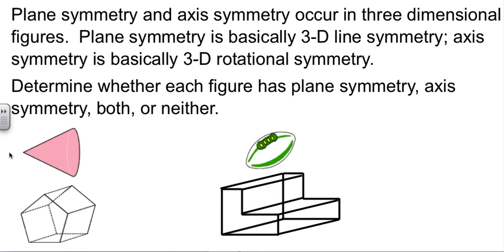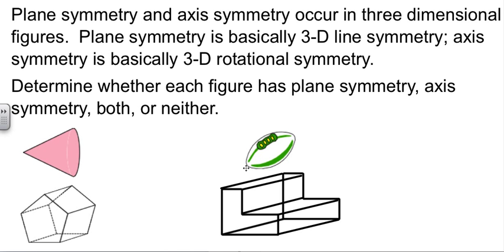If I cut a plane right through the middle of it, the top part of the cone matches the bottom exactly. So this has plane symmetry for sure. Also, if I draw a line to the center, it will rotate around that line and keep the same shape. So this one has both plane and axis symmetry.